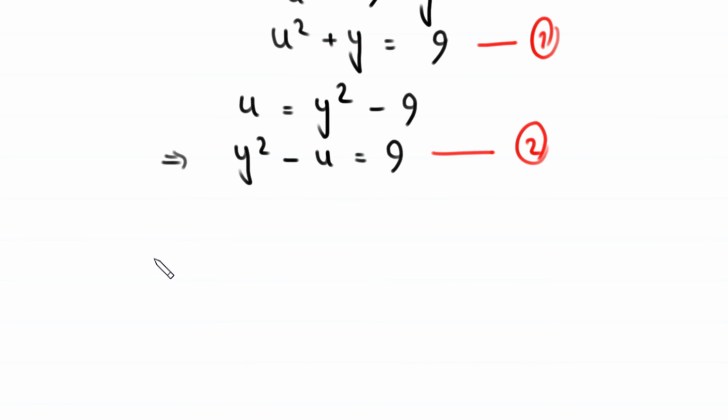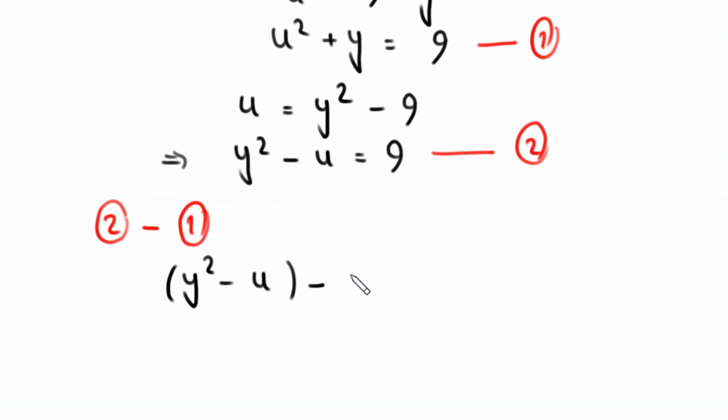Now from equation number 2 we subtract equation number 1. So this will become y squared minus u squared plus y equal to 9 minus 9.